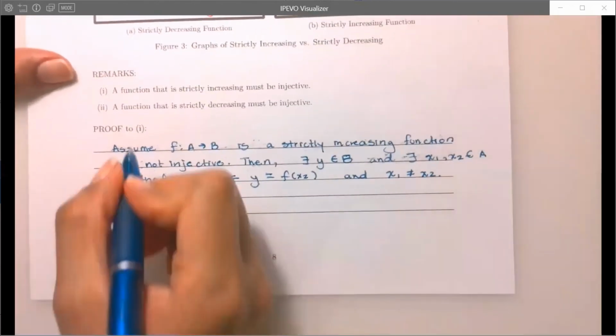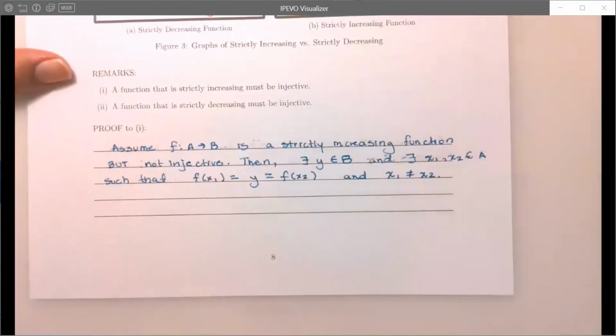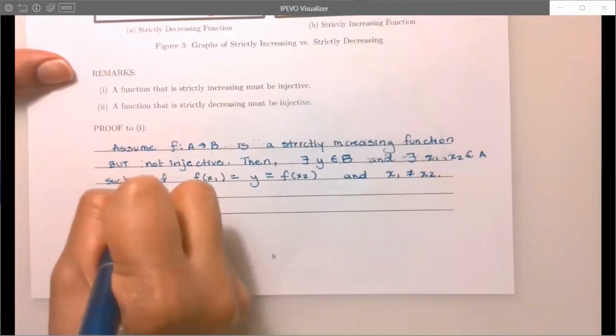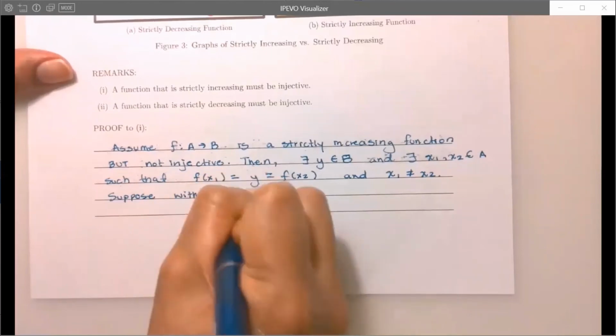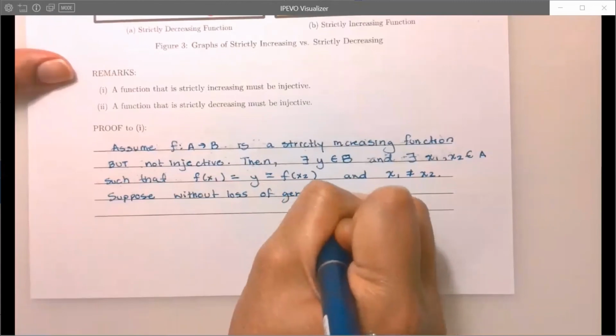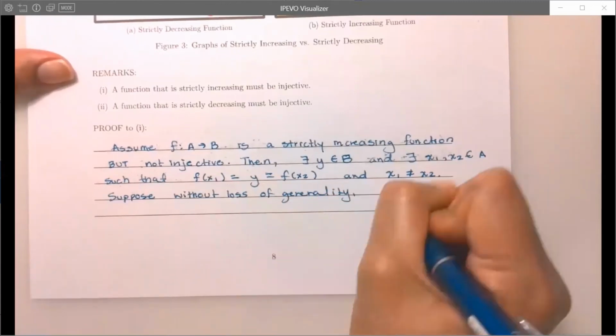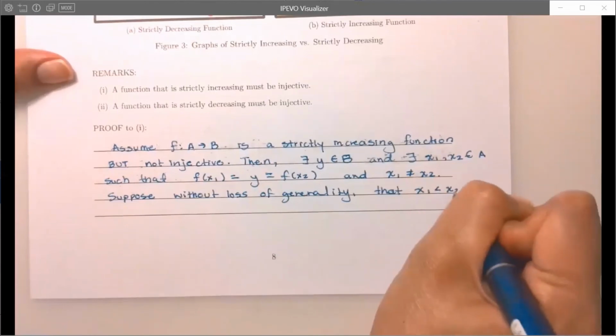Alright, so without loss of generality, let's say that x1 is the smaller of these two elements. So suppose, without loss of generality, that x1 is less than x2.